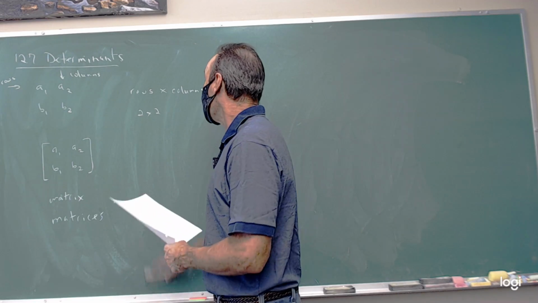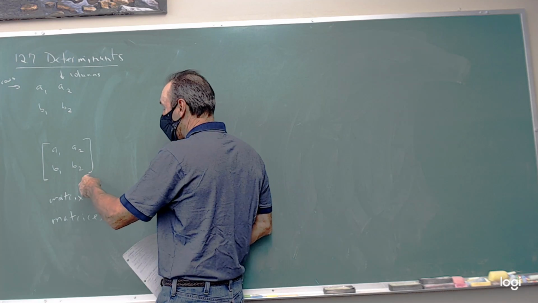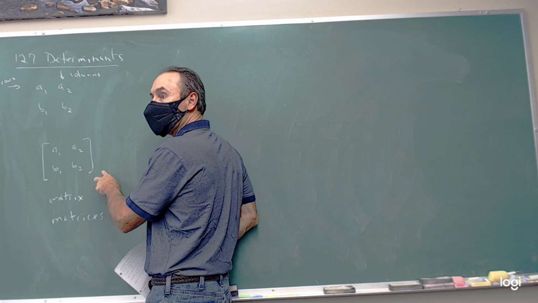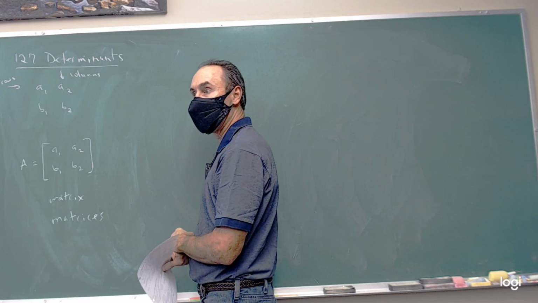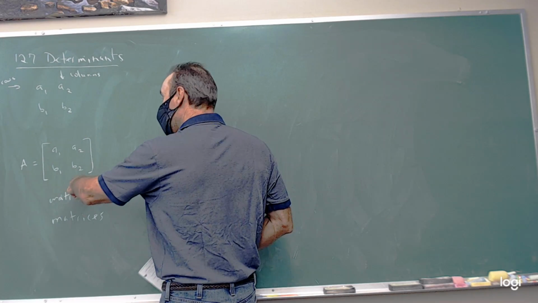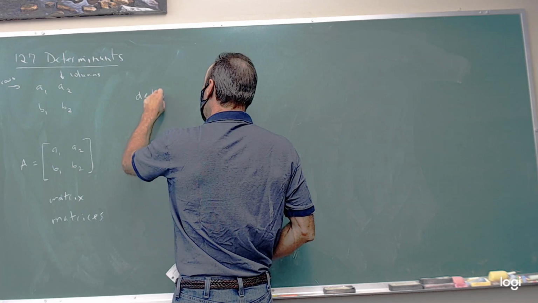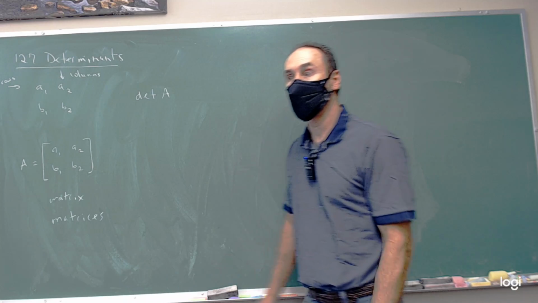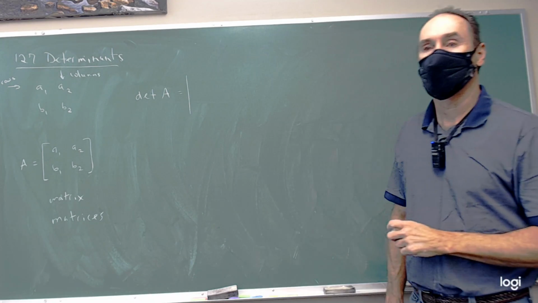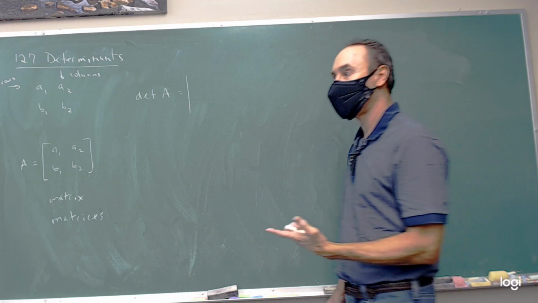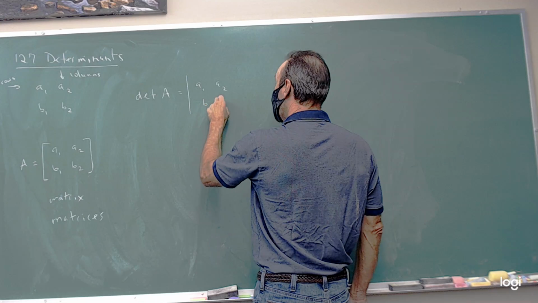Okay? So what we're going to do now: a matrix has these little square corners, and for determinants, I call that matrix A. Then we could talk about the determinant of this matrix. Sometimes you'll see it written as det A, short for determinant. But the symbol that denotes it as a determinant looks like a big absolute value sign, though we don't call it an absolute value sign in this context.